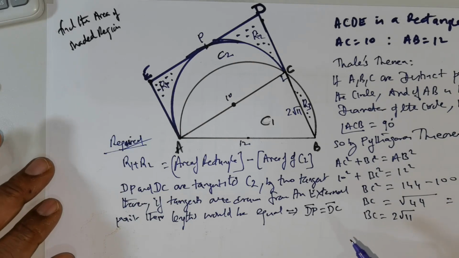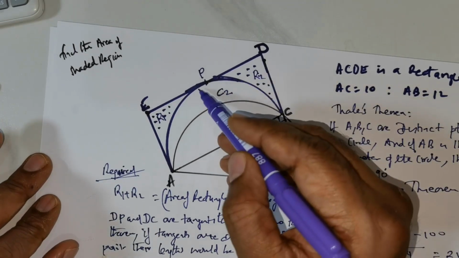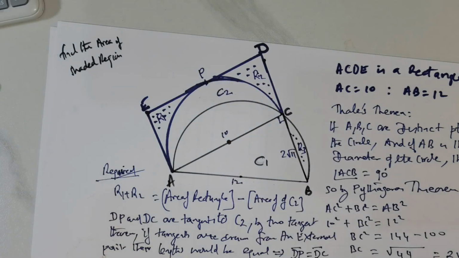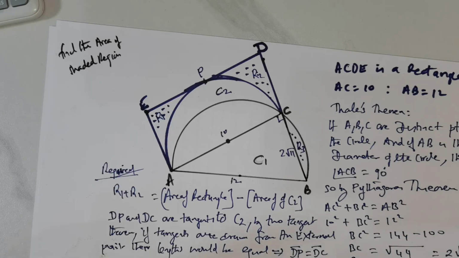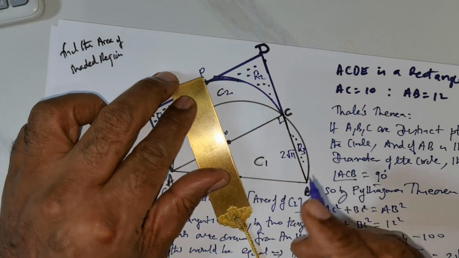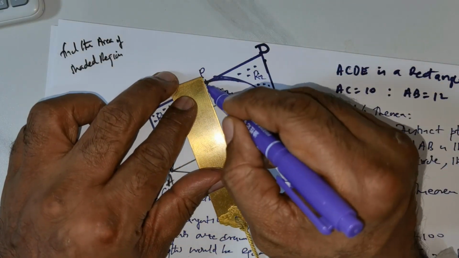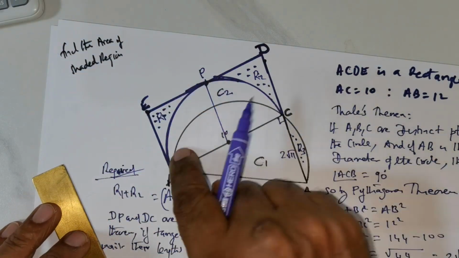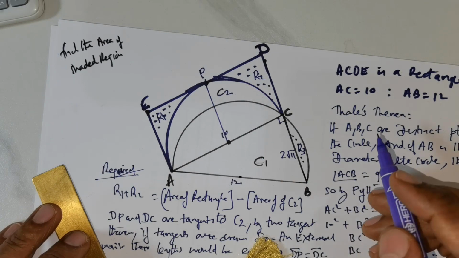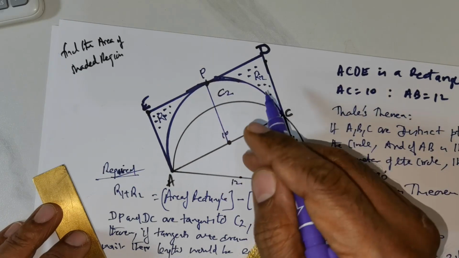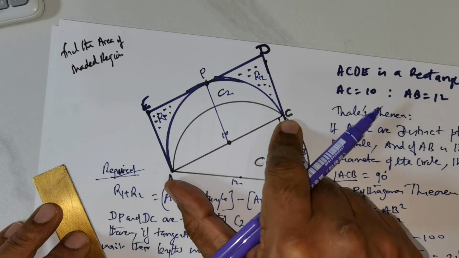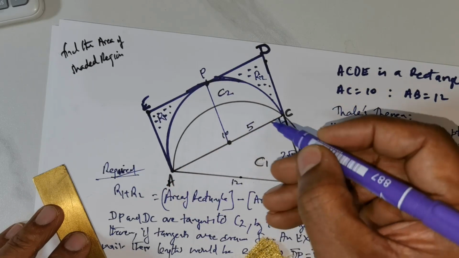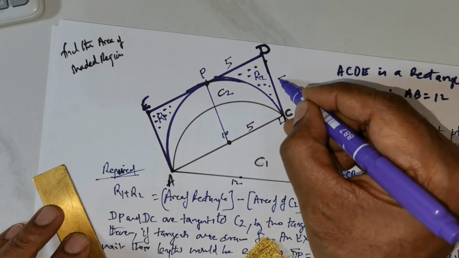Now you see, the point of contact is exactly hitting the center. So if I were to drop a perpendicular, the rectangle is divided into two squares, and clearly if I divide this length of 10 units into 2 segments, this is going to be 5 units, this is going to be 5 units.